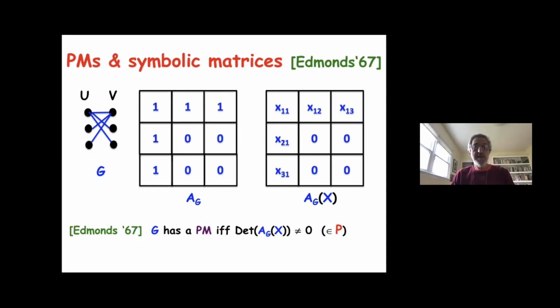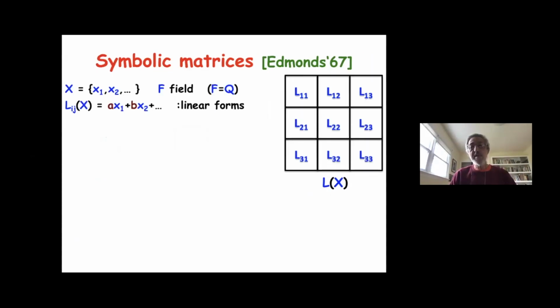And the amazing thing that Edmonds did next was to ask the following question, to generalize it as follows. Suppose that instead of putting a variable in every entry of the matrix, we put a linear form. So forget the fact that beforehand matrices came from graphs.